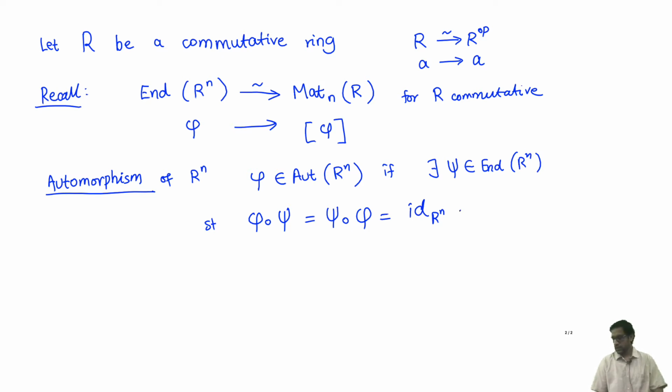Now here's the important thing. The question now really becomes: every endomorphism is associated to a matrix, but what can I say about automorphisms? What do matrices of automorphisms look like? Here's the main proposition which answers that question, and we'll say a little bit more about this.